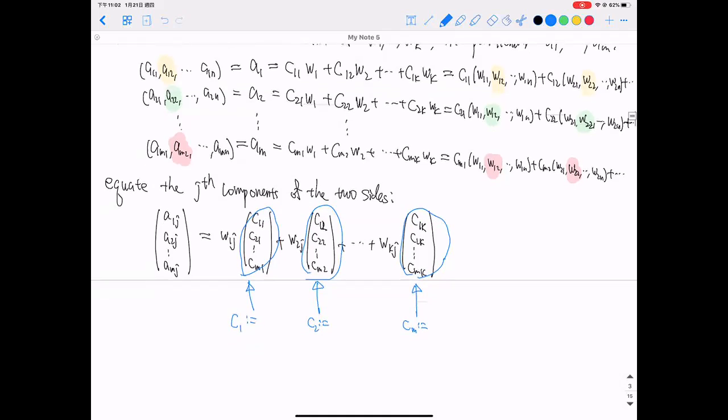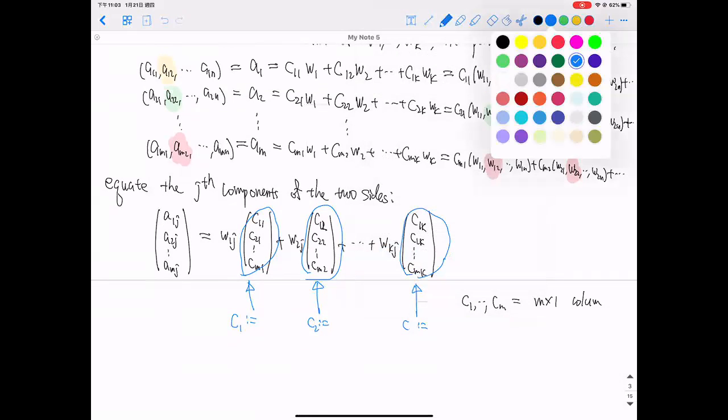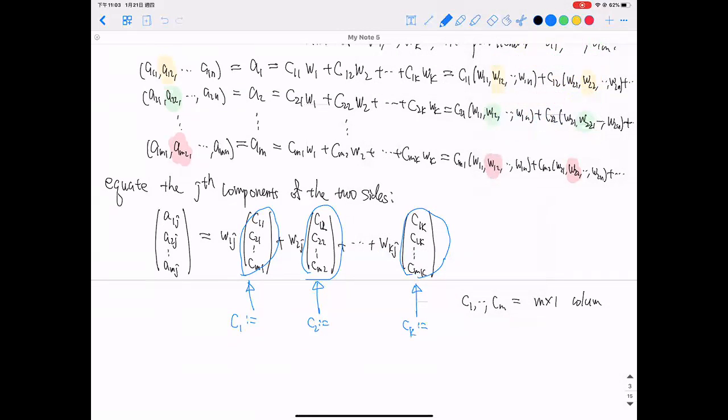Each of the C's, C1 through Ck, are m by 1 column vectors.